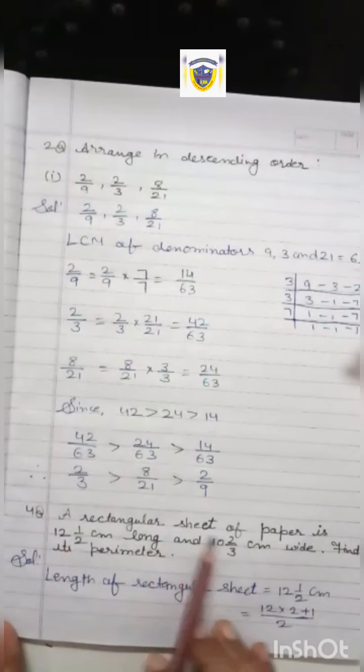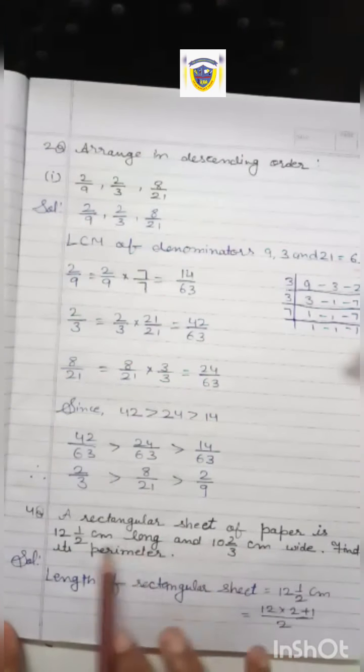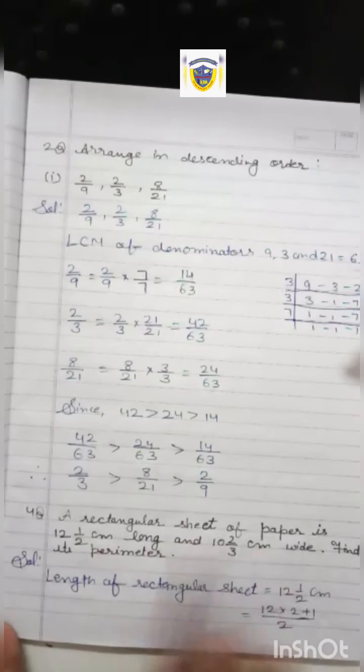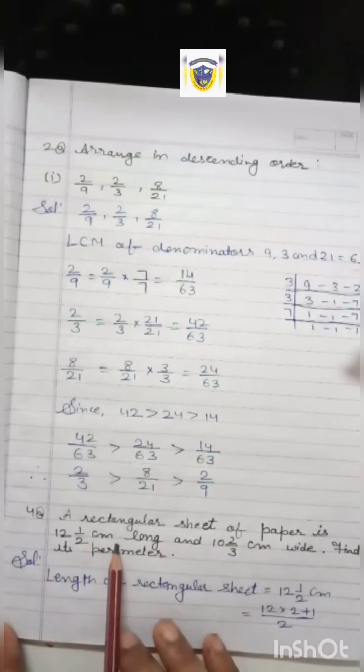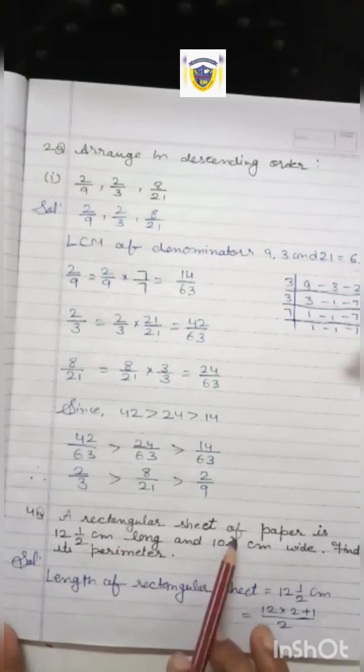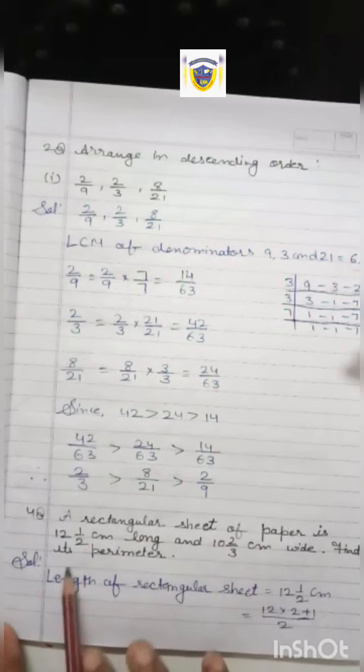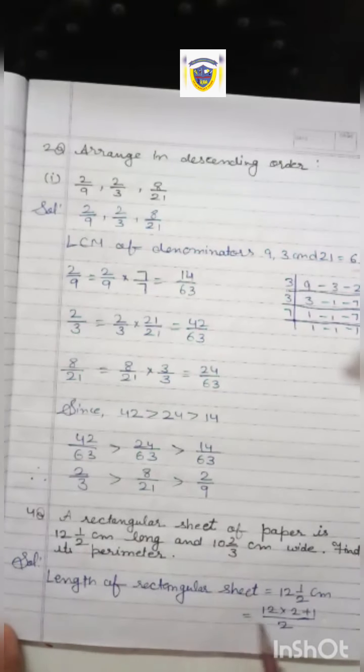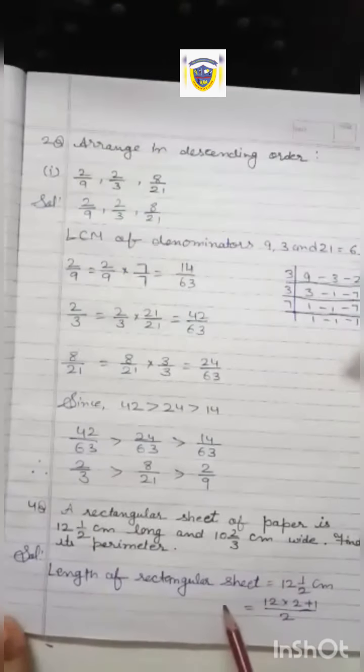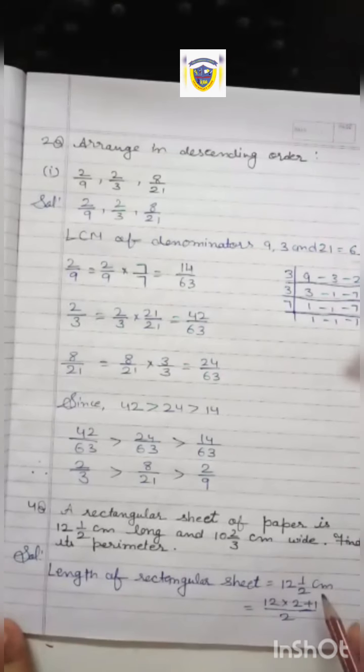Next we have a word problem. A rectangular sheet of paper is 12 1 by 2 cm long and 10 2 by 3 cm wide. Find its perimeter. First of all, the length of rectangular sheet is given, that is in mixed fraction 12 1 by 2.